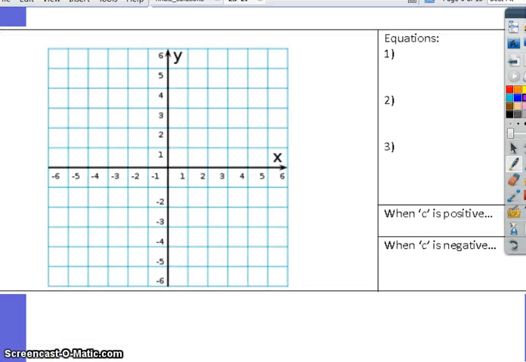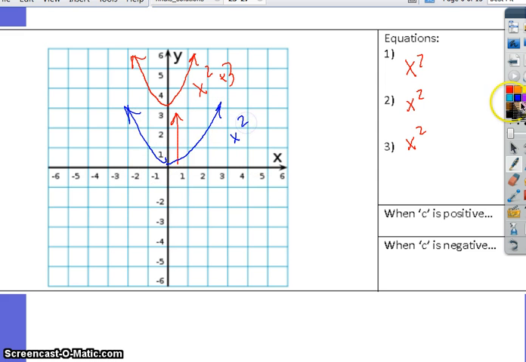Okay, so here are some of the equations that I just showed you. I did not change the x squared term in any case, so these were all x squared. I didn't change the width of the parabola. All I did was change the y-intercept. So this was x squared plus 3 because it moved up 3. And then here's my regular parabola, x squared. What if I wanted to move it down 4? Down 4 to here.